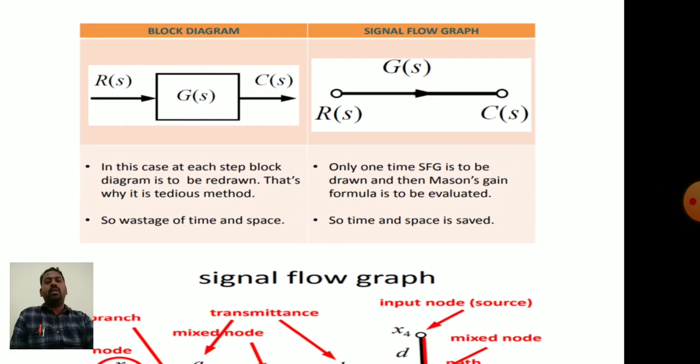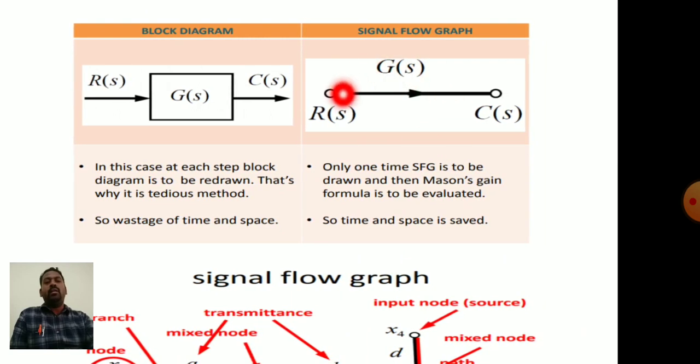But in case of signal flow graph, R of S is taken as the input node and C of S is taken as the output node, and this transmittance is nothing but the gain with the arrow mark. Only one time the signal flow graph is to be drawn, then using the Mason gain formula you can evaluate. So the time and space is saved here and it is errorless.